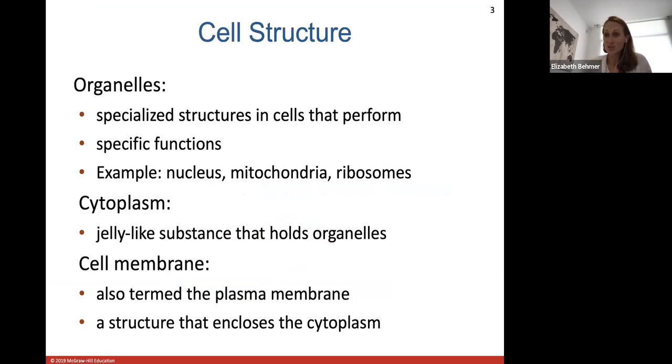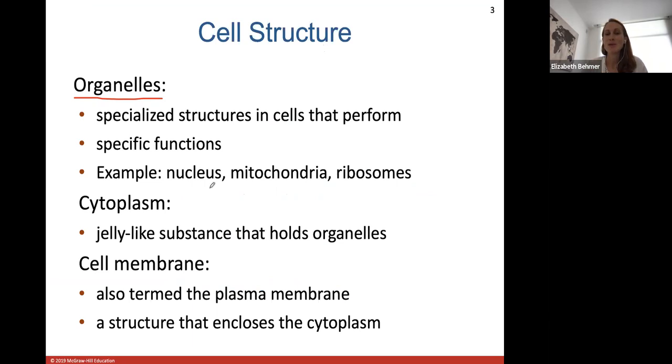So the cell structure is that it has organelles. The cell itself is its own living unit, and in order to perform all of its specific functions that a cell might need to do, it has organelles. Organelles literally mean tiny organs, and they're specialized structures in cells that perform a variety of specific functions.